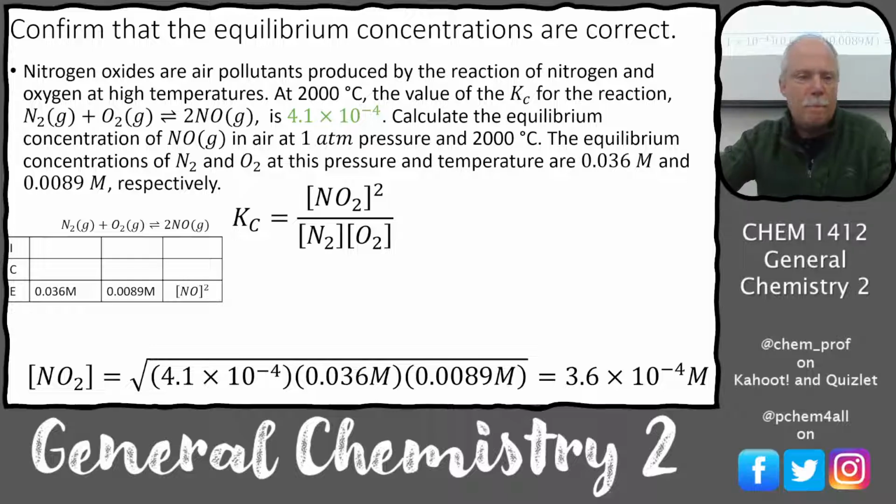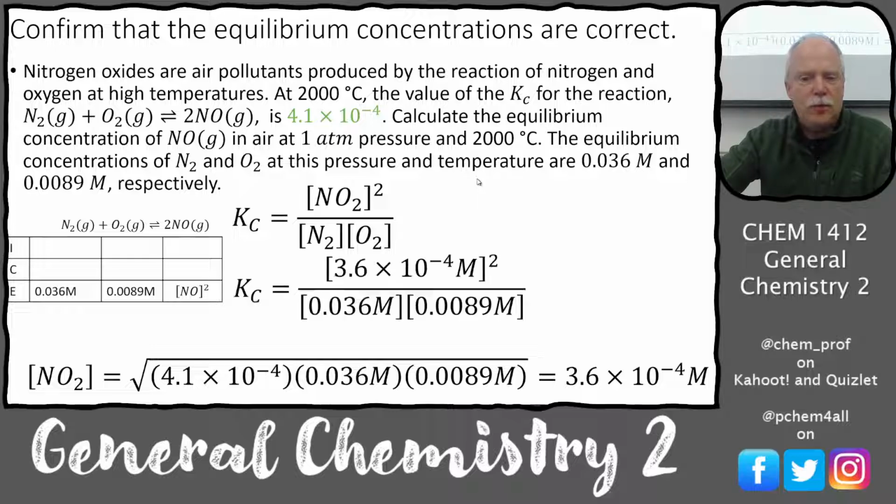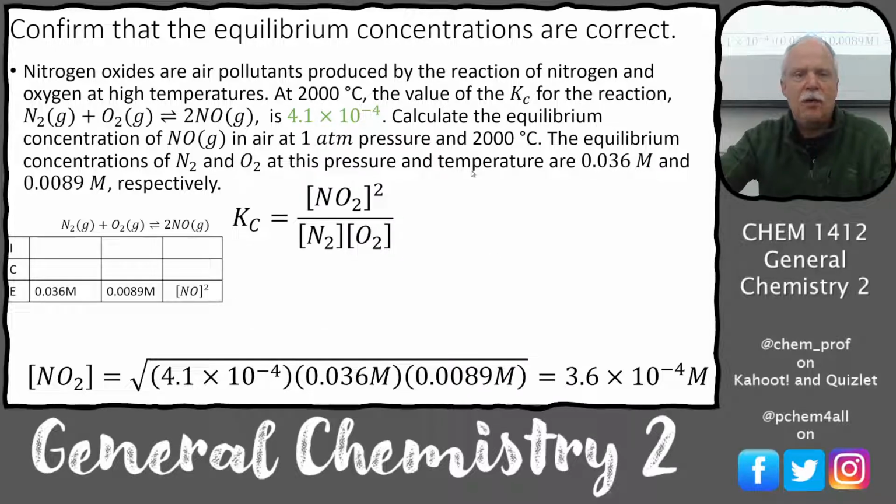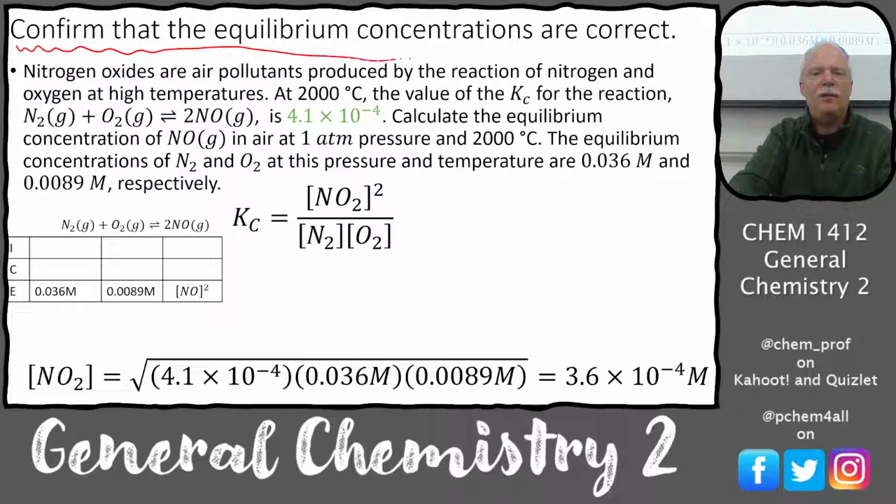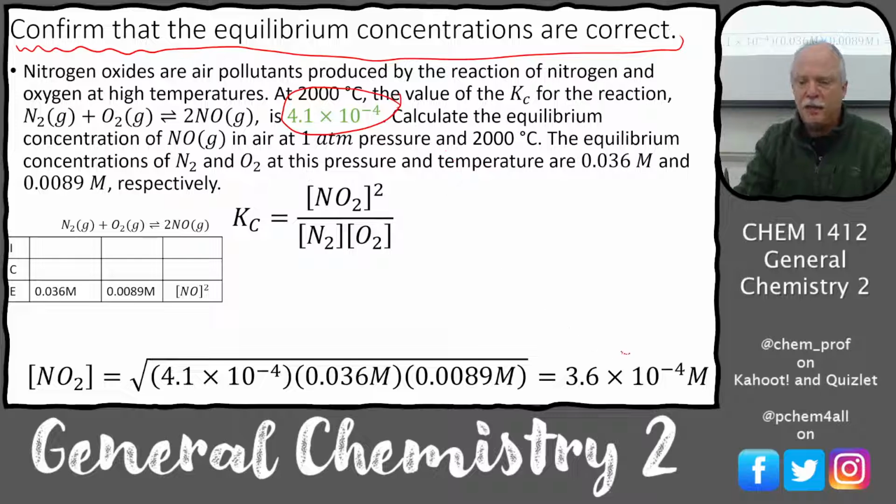Okay, so in this case, we want to check our work. This is another nice thing about some of these problems: we can confirm that the equilibrium concentrations we calculated actually reproduce this number. So let's do a check on our work.